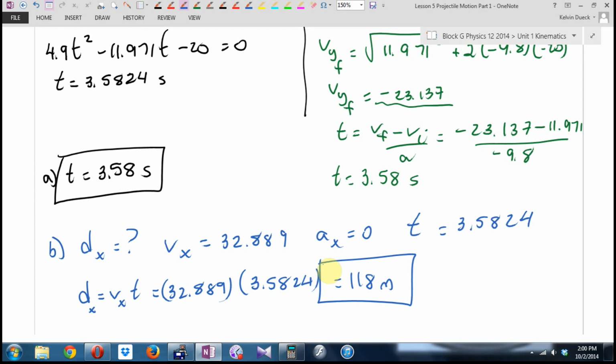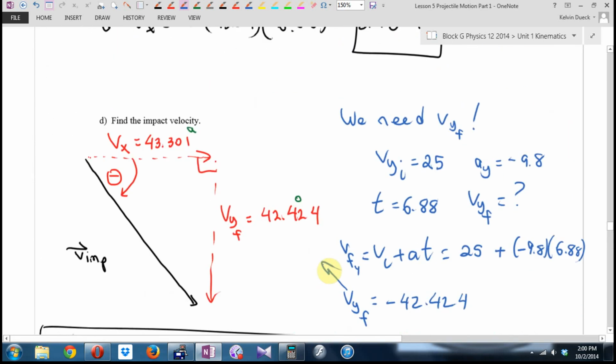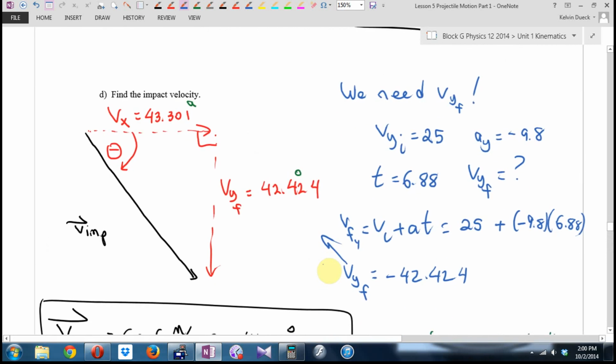In your homework, there's going to be a couple of questions where you're asked to find a velocity, and I've done one example of impact velocity, but I haven't done an example of, hey, find the velocity anywhere along its path, if you give me time. I will be doing that in the next lesson, but I'm assigning some questions to see if you can figure it out. If not, I'll be going over it next lesson.